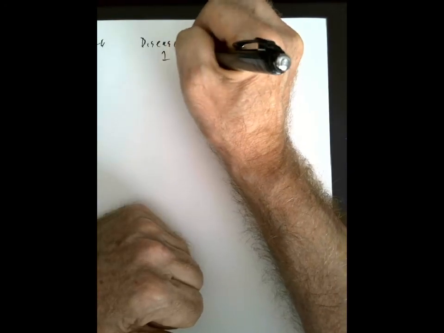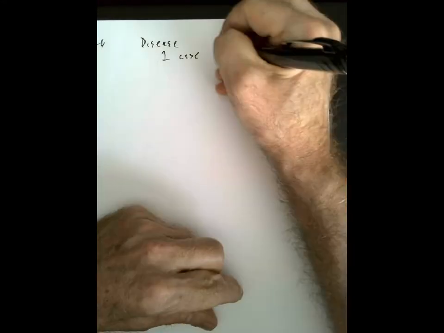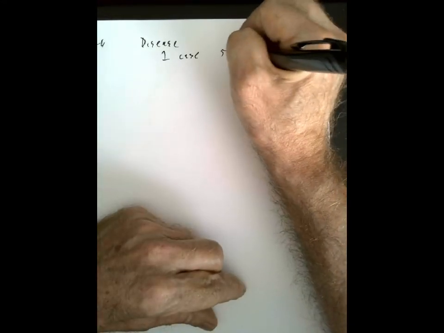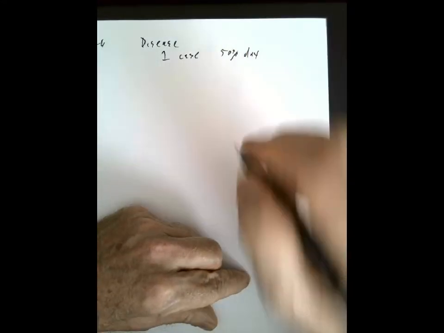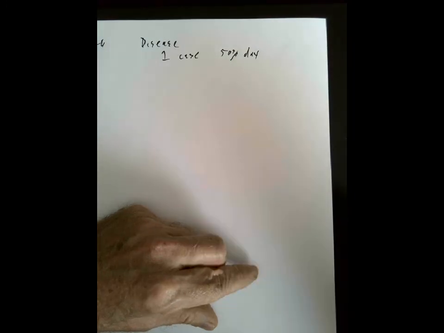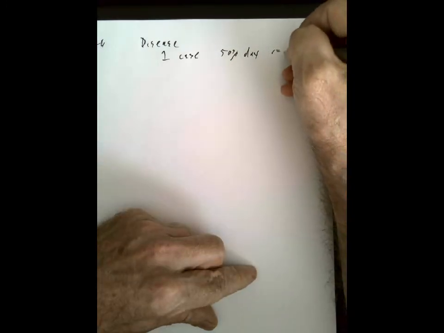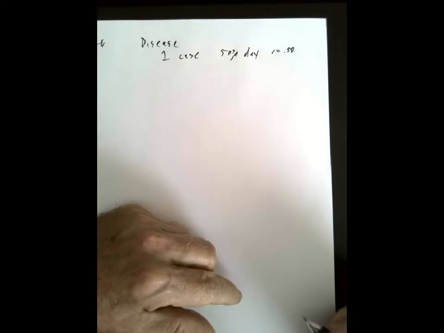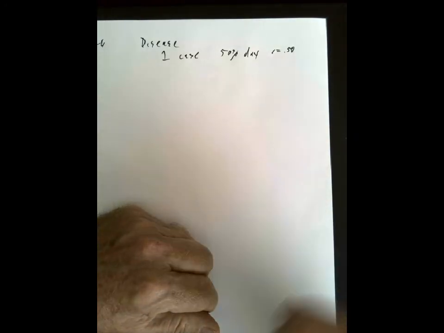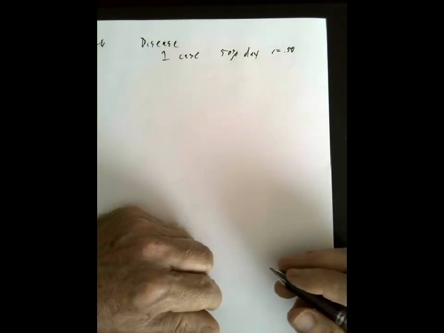We started out with one observed case. How long? The growth rate was 50% per day, which gave us an r technically of 0.50. So how long, in this case, how many days?